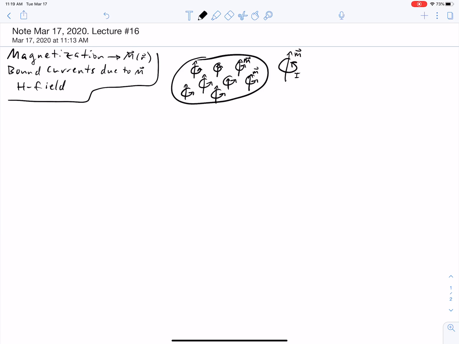So the picture that I want you to have in your mind is that a magnetic material is what I've drawn here on the left. A magnetic material is a collection of little current loops, and the current loops create magnetic moments.